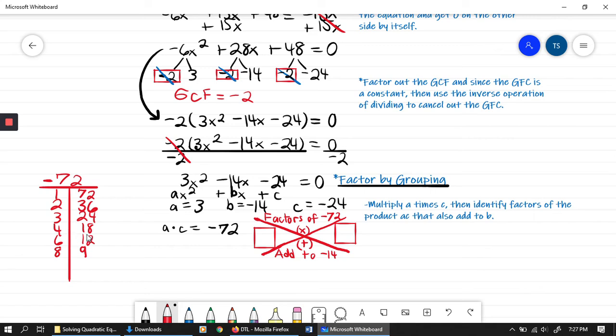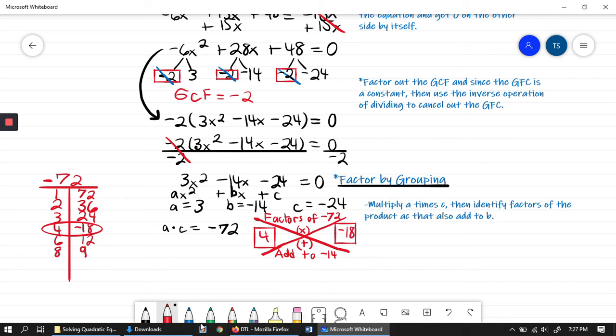So the question is, which of those two numbers needs to be negative in order for it to add to negative 14? So the only way that that's going to work is if we do it as a negative 18. Positive 4 and negative 18.